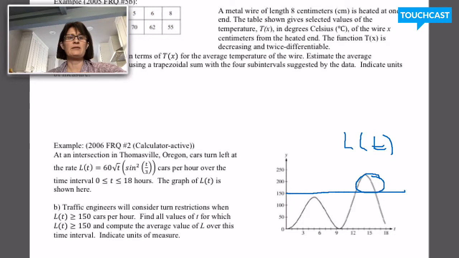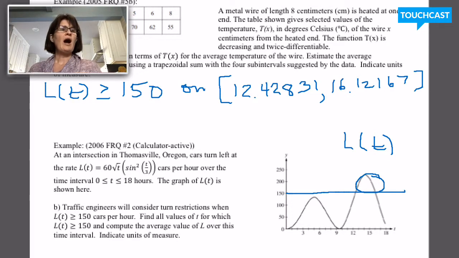So I'm going to write those up in a second. My calculator tells me that L of t is exactly equal to 150 at 12.42831 and 16.12167. A quick note: to get credit on the AP test, you're going to have those answers to at least 3 decimal places. After 3 decimal places, whoever's grading your test stops reading.